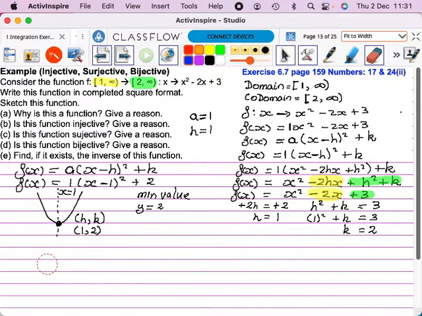Now, this is where people go wrong, because we were told very early on in the problem quite clearly that the lowest value of x that we were allowed to use is given by this line here. The lowest value of x is 1.